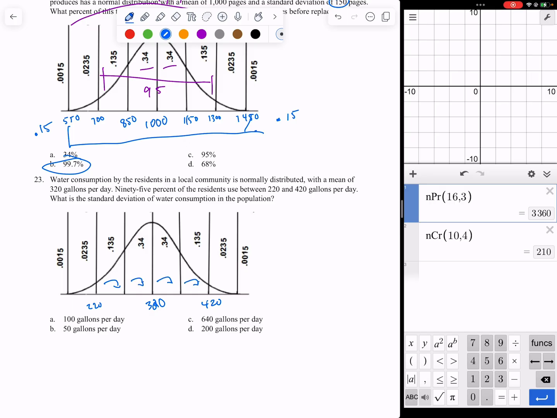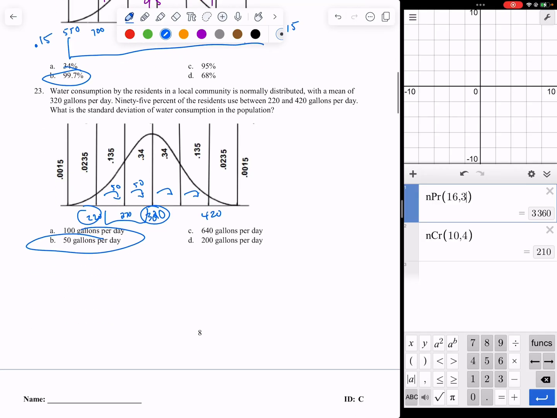These numbers should all be the same. 220 to 320 is 100, but we have 2 jumps, so 100 divided by 2 is 50. 220 plus 50 is 270, 270 plus 50 is 320. That's how you can confirm that we're right. So 50.